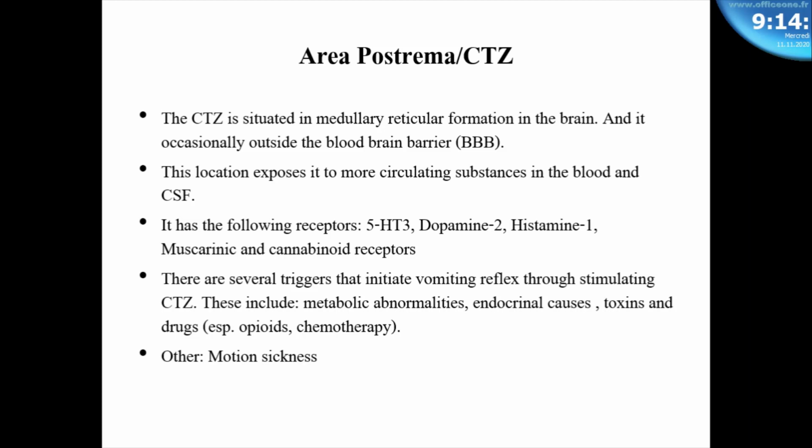Second, the chemoreceptor trigger zone can also be defined as one of the 7 circumventricular organs, which are unique structures or areas of the brain that lie outside of the blood-brain barrier.